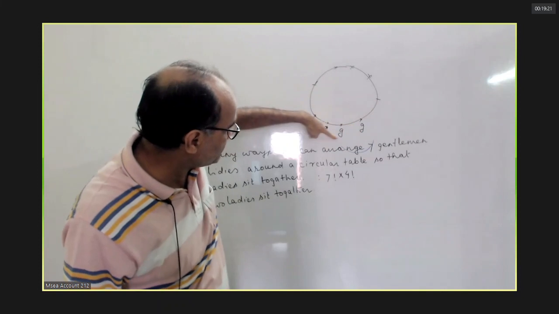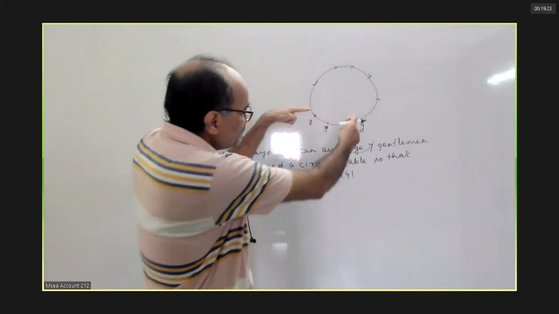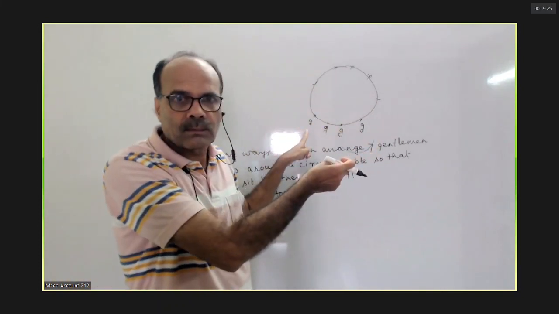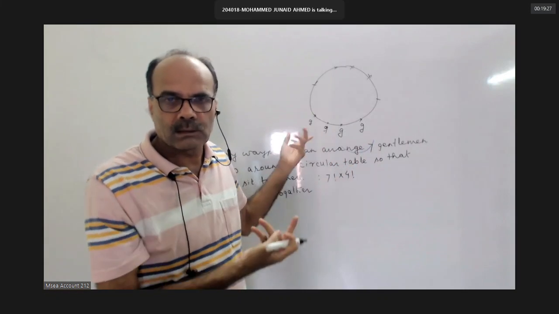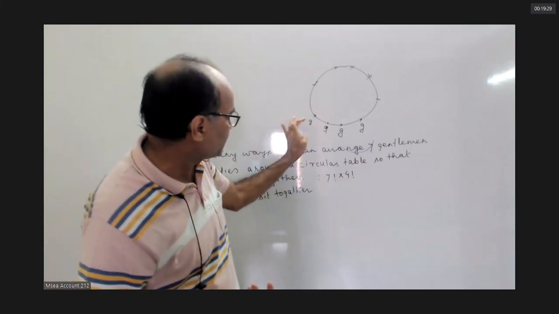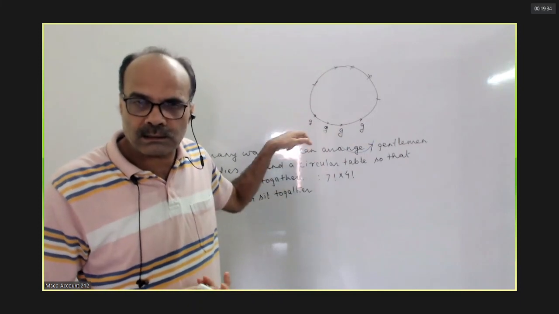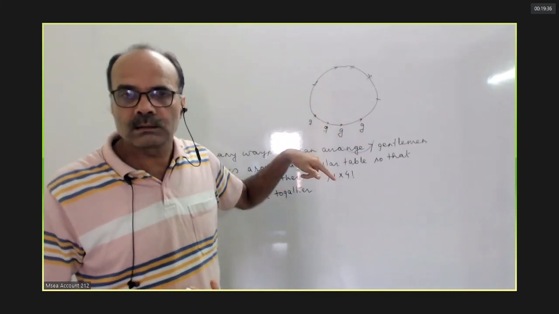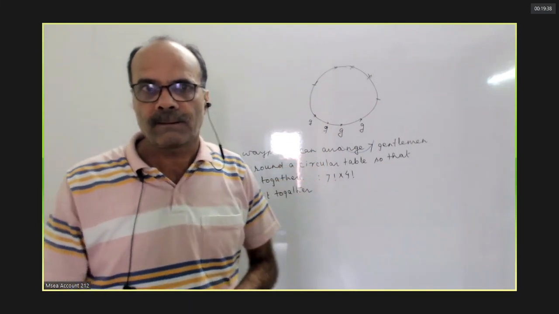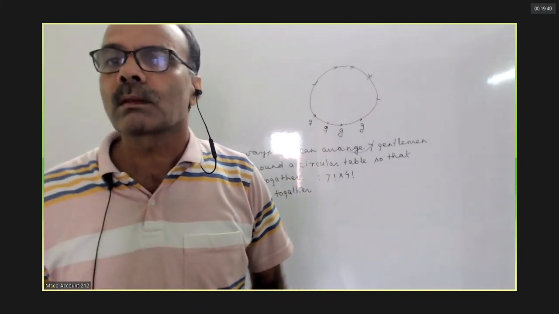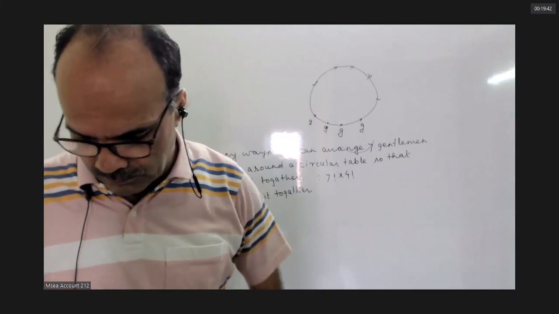Now if you arrange these girls among themselves, is it linear or circular? Linear. We are arranging among themselves. These 4 girls don't constitute a circle among themselves.